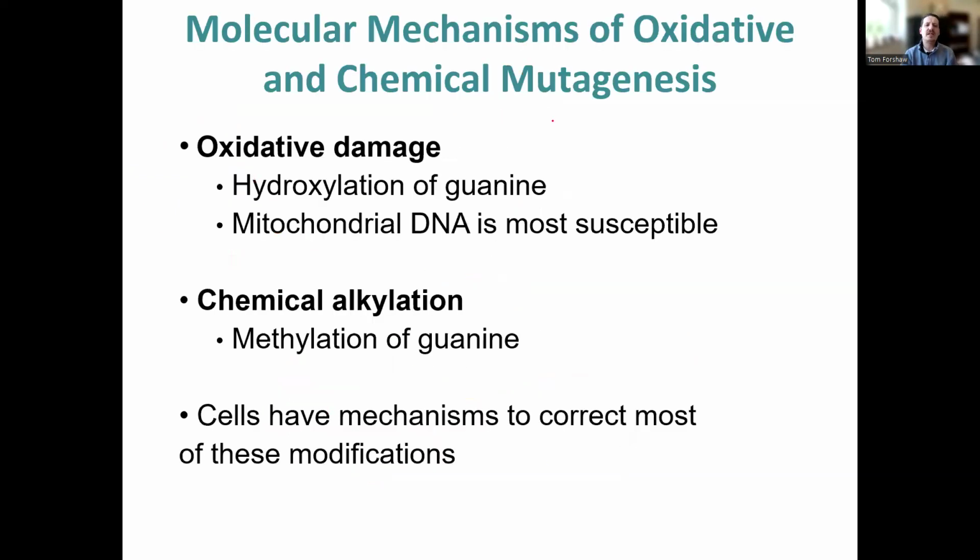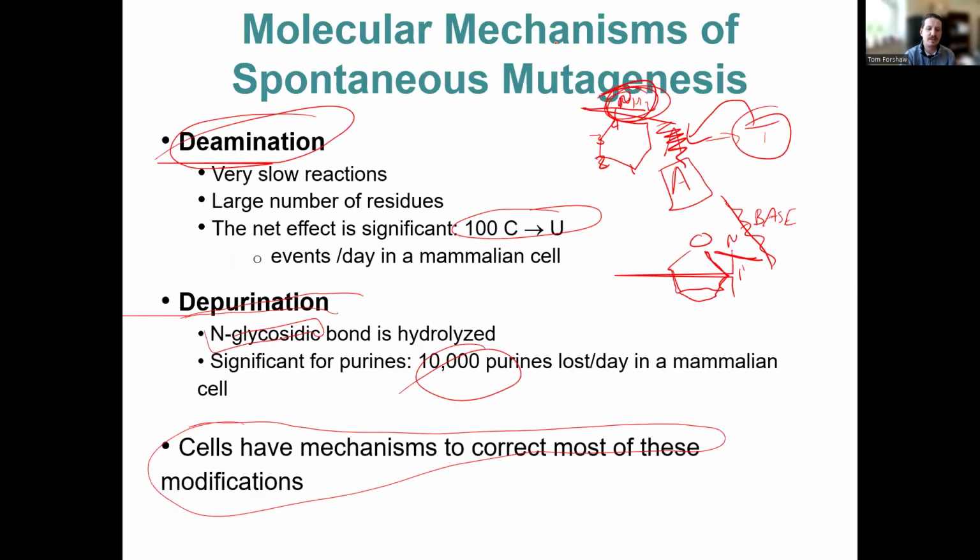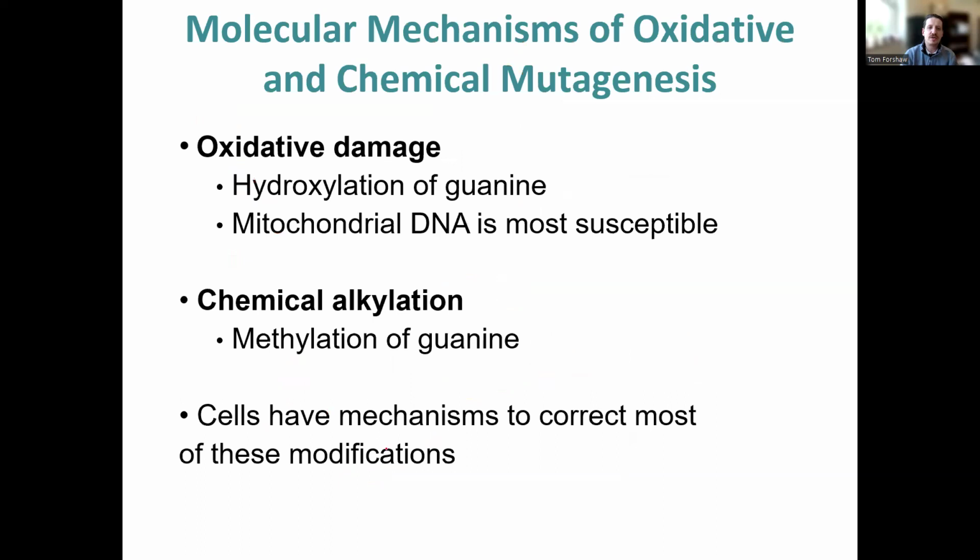There's also other things that can happen. For instance, these are kind of more spontaneous. They can also be induced, for instance, by oxidative damage. Oxidative stress can happen. You can get hydroxylation of guanine, or mitochondrial DNA often gets oxidized.